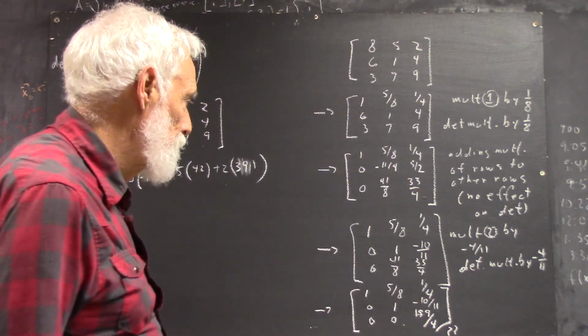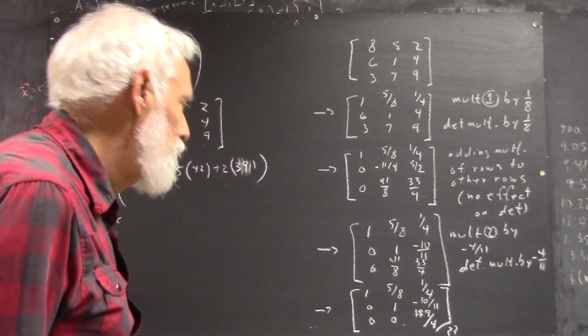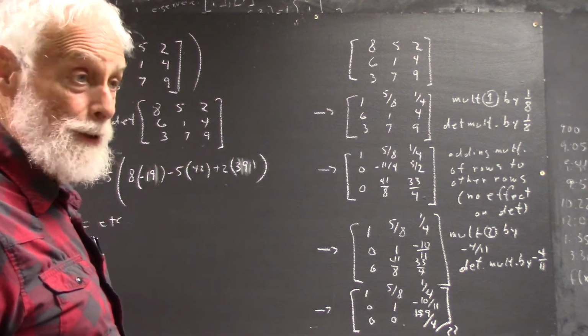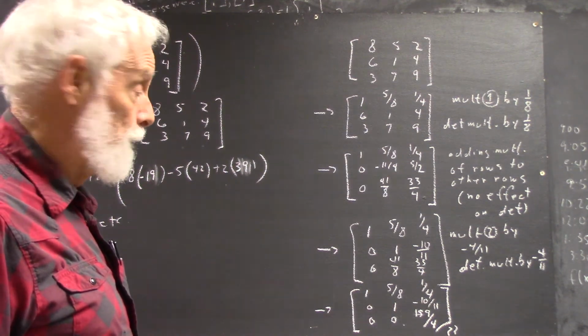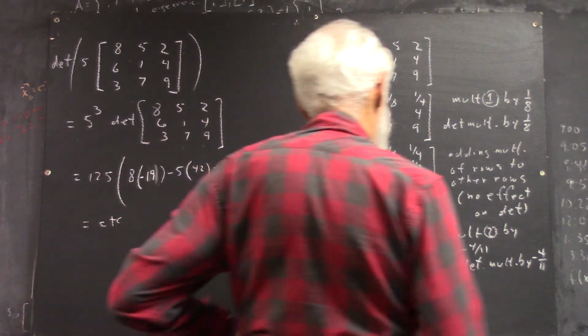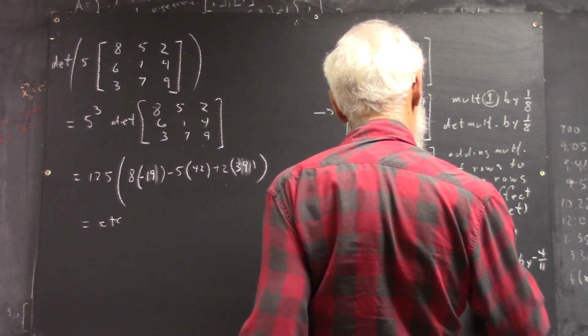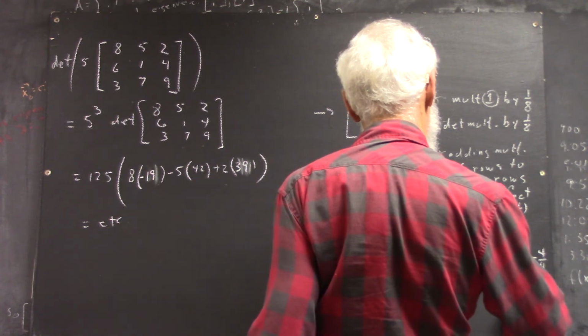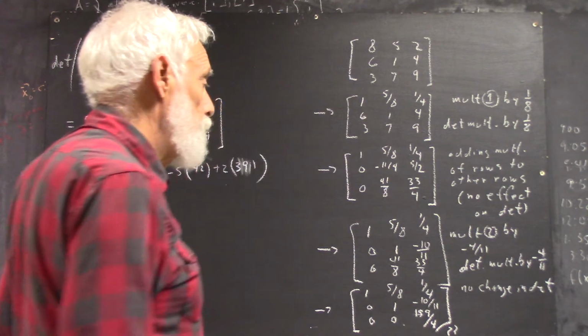I just did that once in my head, and it isn't actually, it's 205. Yeah, it is. Okay, maybe that's right. Give myself about a 43% chance on this one. Okay? But anyhow, there's no change in the determinant, right?